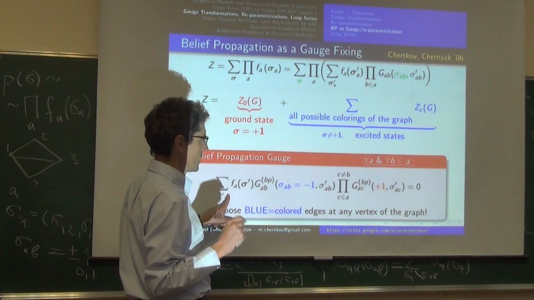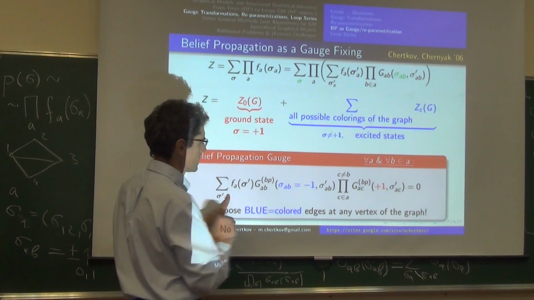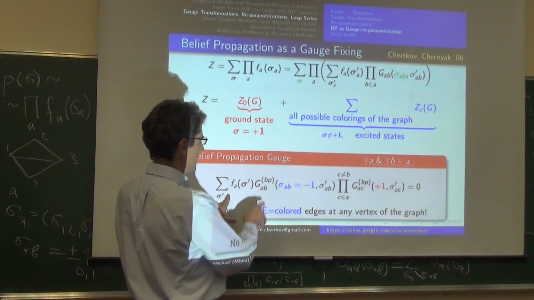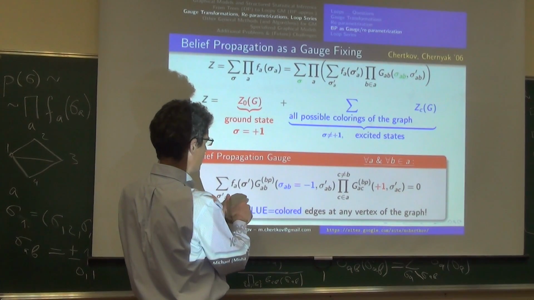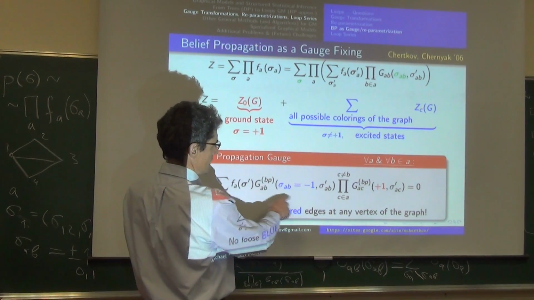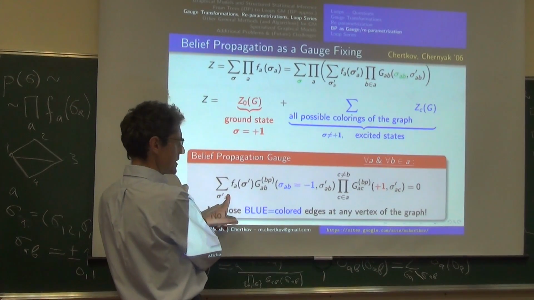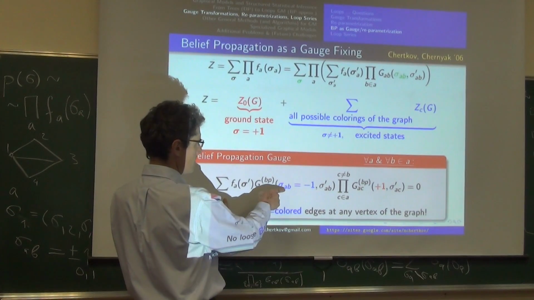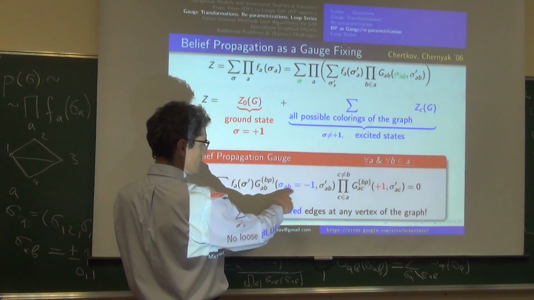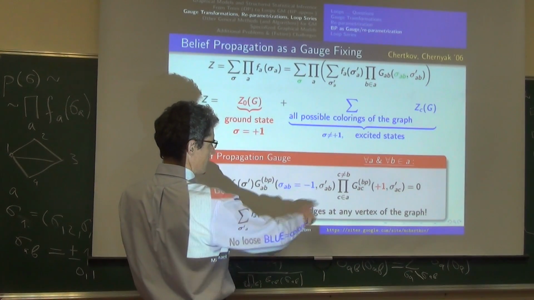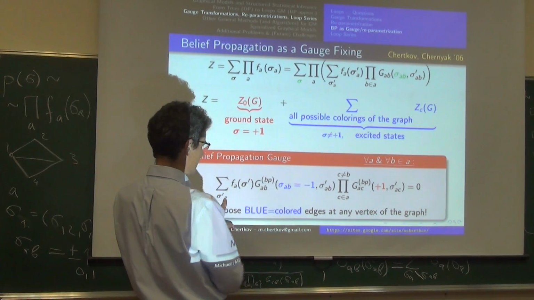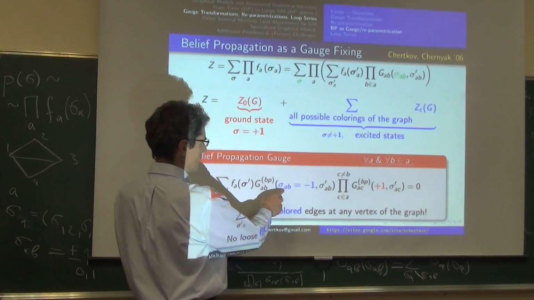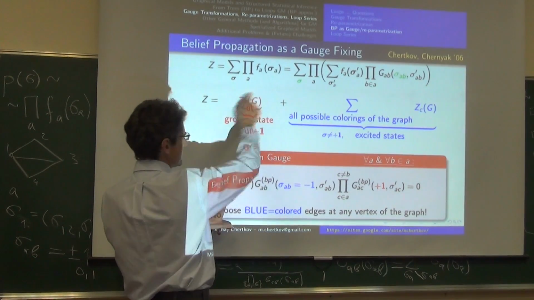And I try to kill or force to zero certain terms. Okay, what kind of terms do I force to zero? I do it in the following way. I pick a vertex, a node, and I pick one particular edge, AB, and I call it color. Well, color in this case is blue. Red is not color; my ground state is not colored.